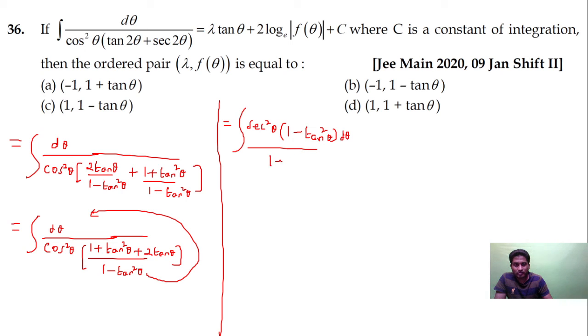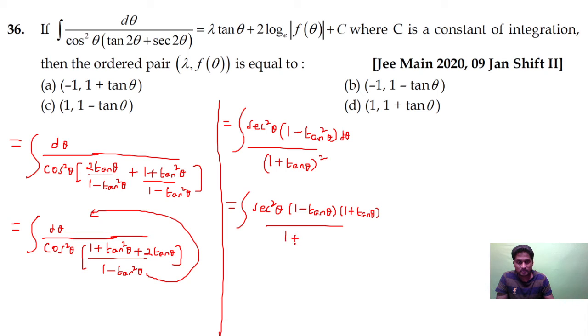Denominator can be written as 1 plus tan theta the whole square, a square plus b square minus 2ab. So this can be written as integration of sec square theta, right? 1 minus tan square can be written as 1 minus tan into 1 plus tan, upon 1 plus tan theta the whole square, and then d theta.